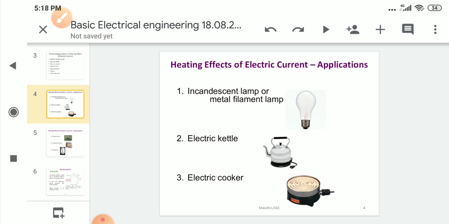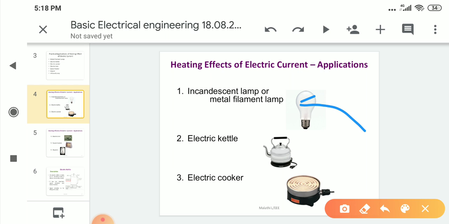Heating effect of electric current. The complete bulb is filled with inert gases such as argon to prevent oxidation of the filament. The filament mostly used is tungsten.